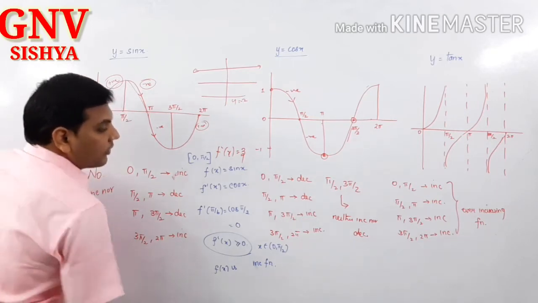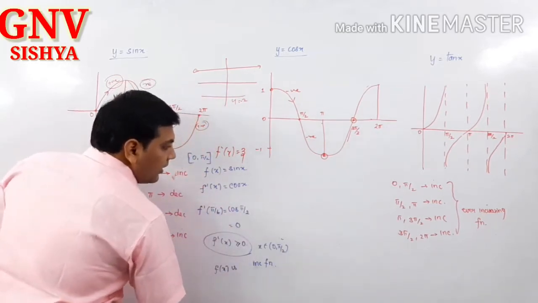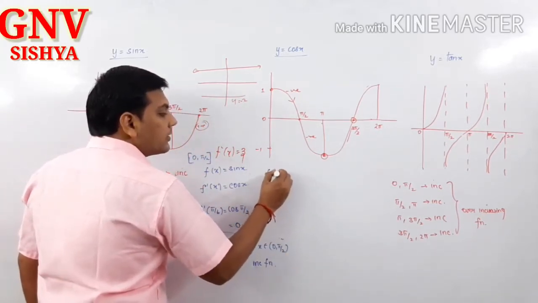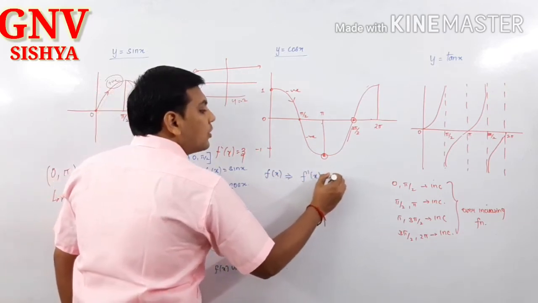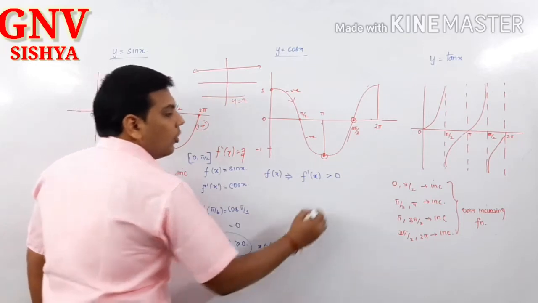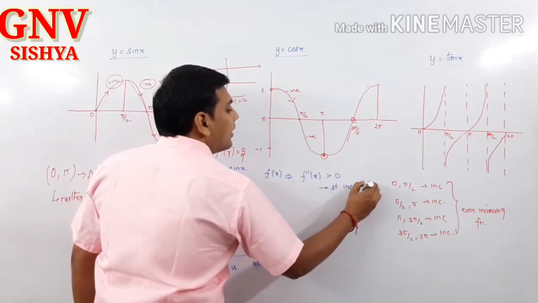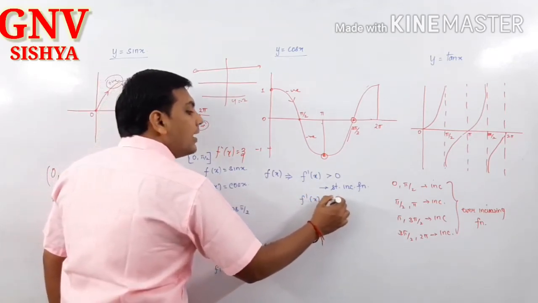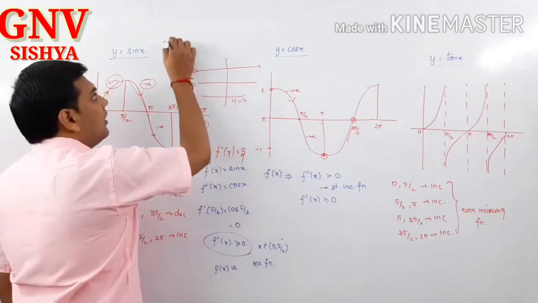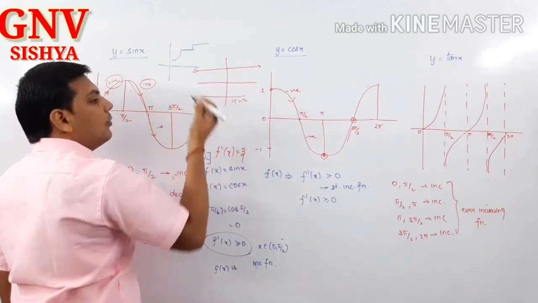Okay, so I am going to write the conditions here. Please listen now, very, very important. If there is a function f of x, I am going to find f dash of x. If f dash of x is greater than 0, the function is strictly increasing in that interval. If f dash of x is greater than or equal to 0, at some point your slope becomes parallel to the x-axis, so the slope becomes 0.